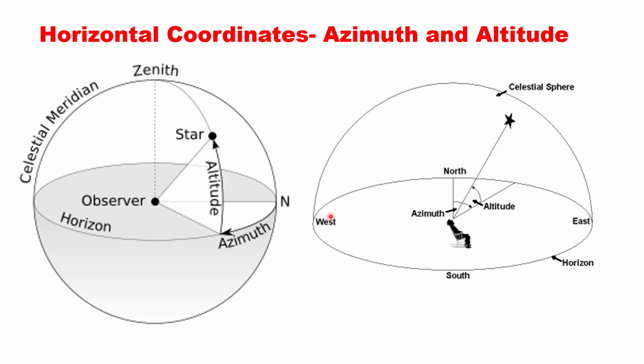For example, if a star has an azimuth of 135 degrees, it is located southeast from the observer's point of view. Azimuth is always paired with altitude, the angle above the horizon.